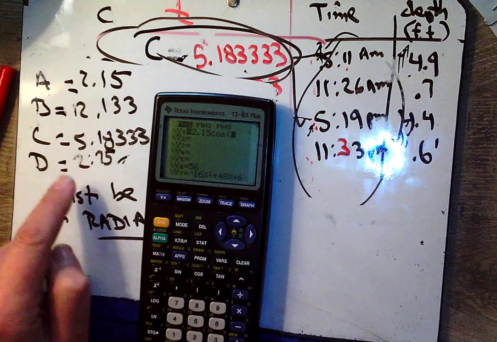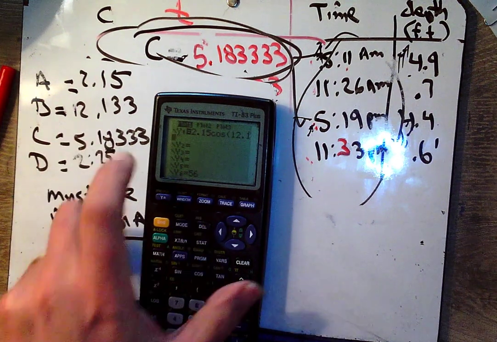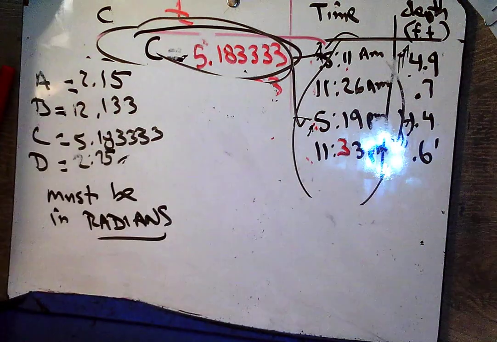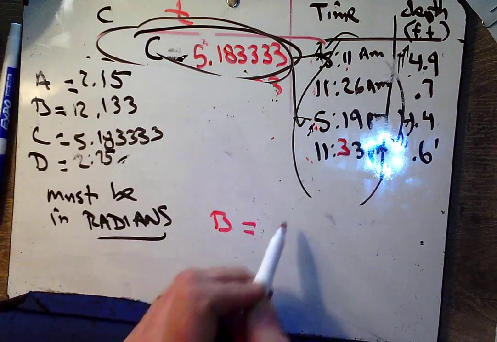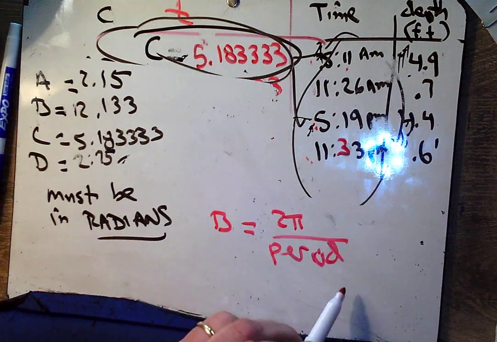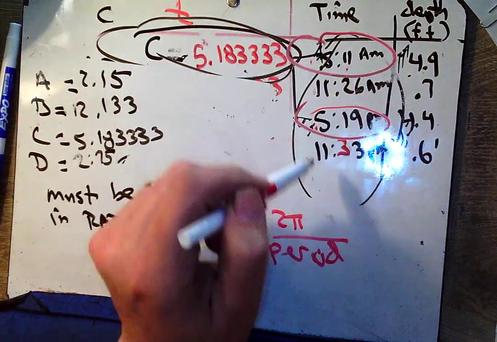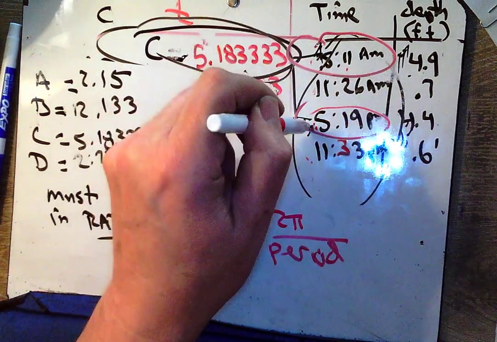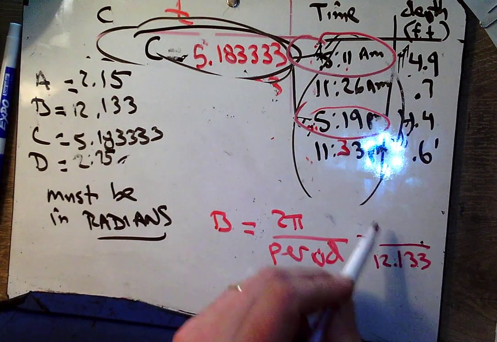Cosine. Our b value was 12. Oh, I know what happened. You remember how I said that b was 2 pi over the period? And then we said that the period was the distance from here to here. Guess what? That's the 12.133.